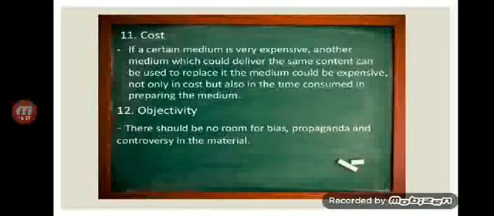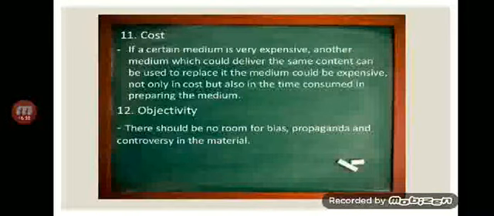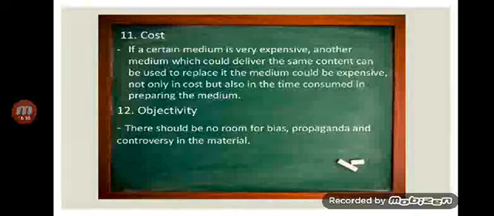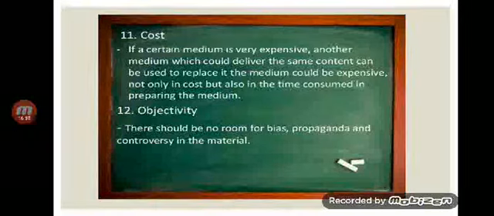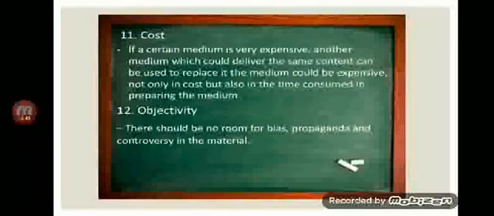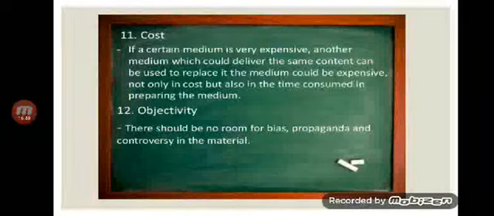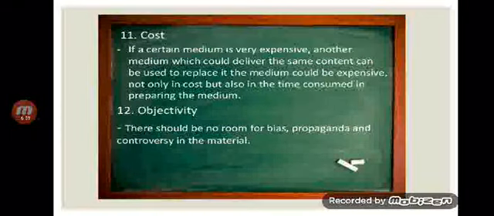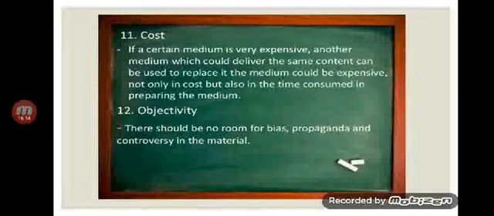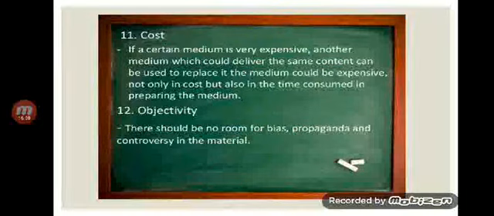Okay, and then objectivity. There should be no room for bias, propaganda and controversy in the material. So when we select the particular media or the medium of education, there should not be any bias, which means there should not be any partiality. Okay, we should not focus only on some students, we should think of all the common, general students.